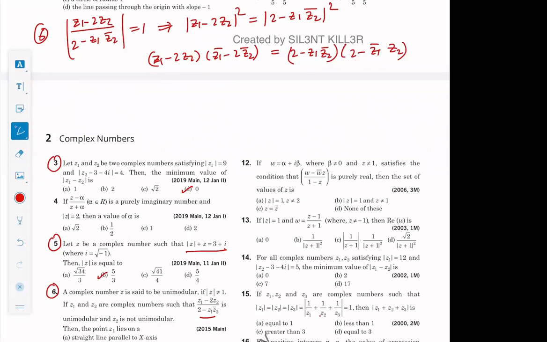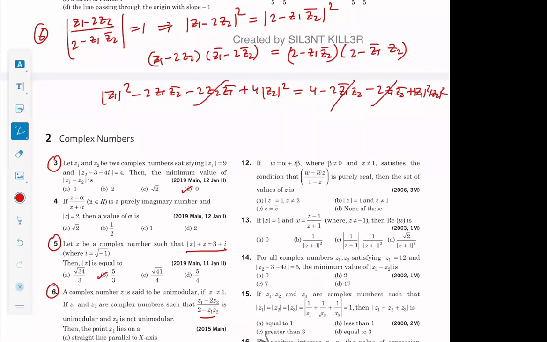So the left side will be mod z1 square minus 2 z1 z2 bar minus 2 z2 z1 bar plus 4 z2 z2 bar, which is mod z2 square. The right side will be 4 minus 2 z1 bar z2 minus 2 z1 z2 bar plus mod z1 square mod z2 square. So these two terms will cancel out.